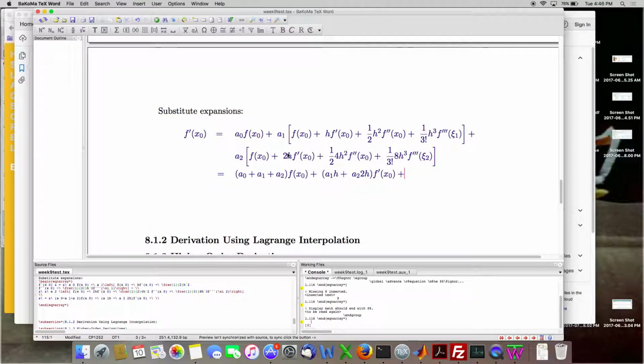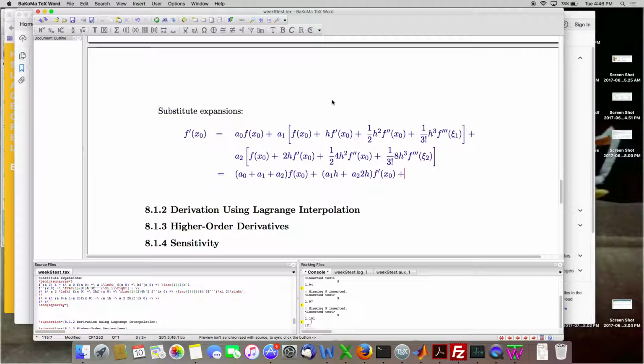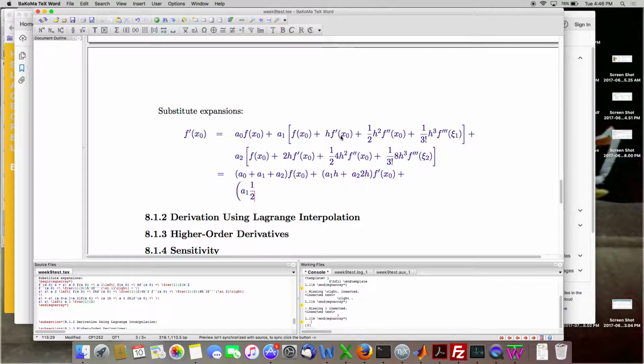And what's multiplying f double prime? I'm going to simplify these. I have a1 times 1/2 h squared plus a2 times 4h squared over 2.